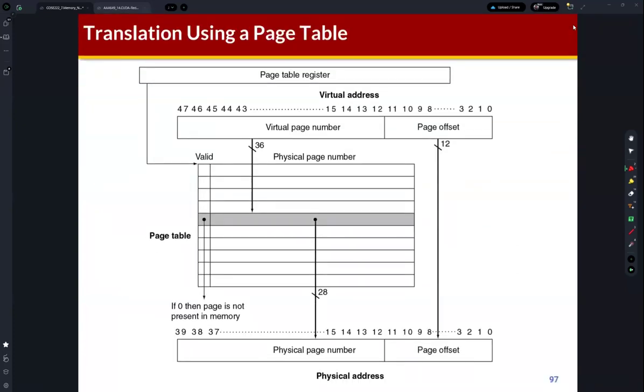And then I will explain how the virtual page numbers are translated into physical pages. Actually, the virtual memory, I think this part is a little bit tricky.